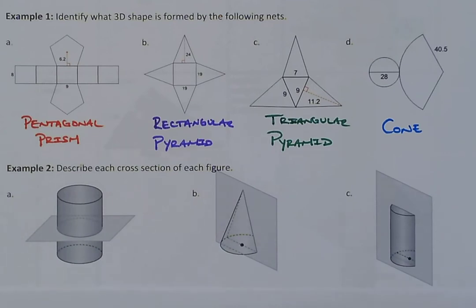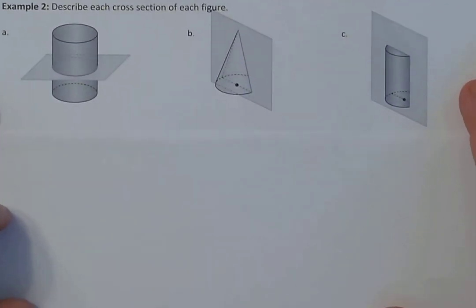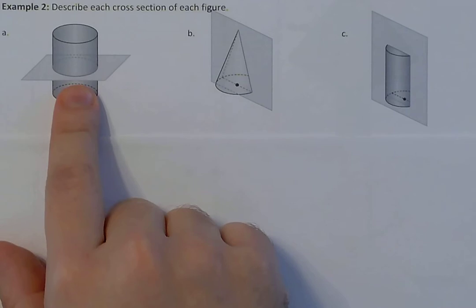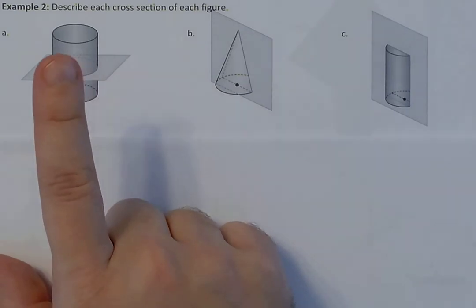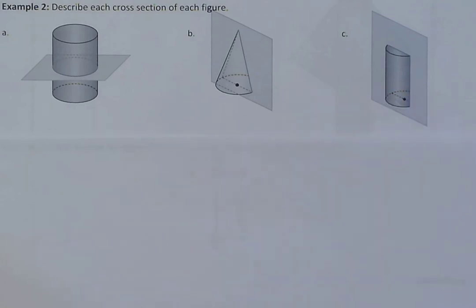Now example 2 is going to ask us to describe a cross section for each figure. What is happening here is they're taking a 3D shape, whether a cylinder or a cone, and they are taking a plane and inserting it into that shape.